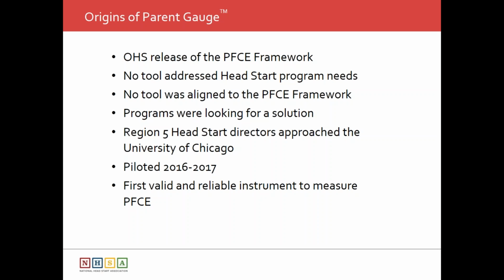And what happened is we opened up discussions with the University of Chicago, a group there that does about $35 million worth of research a year, big group that is well respected, has worked with ACF and Office of Head Start in other settings. So we approached them and got into initial discussions of, was this even possible?